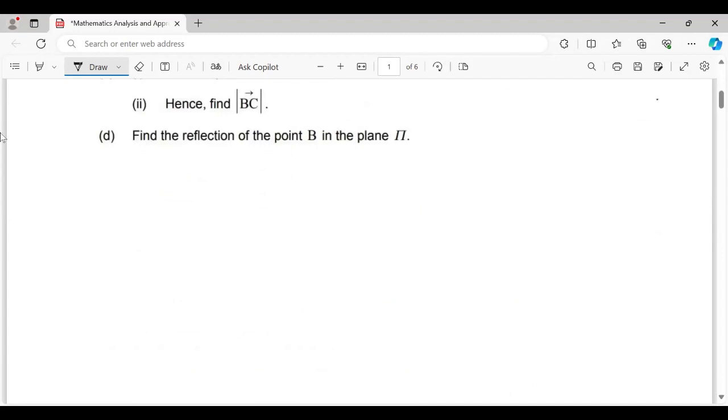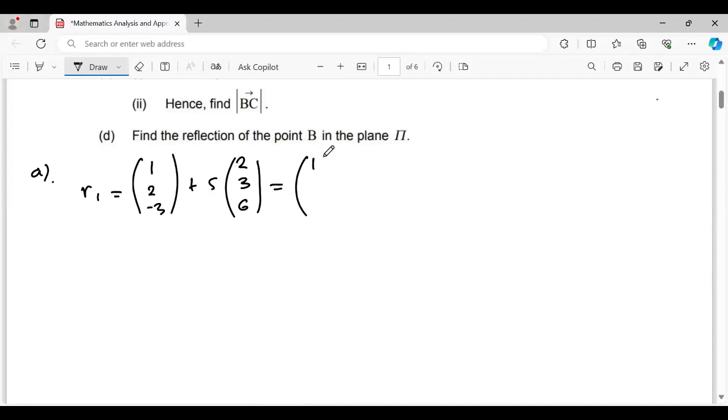r1 equals (1, 2, minus 3) plus S times (2, 3, 6), which equals (1 plus 2S, 2 plus 3S, minus 3 plus 6S).